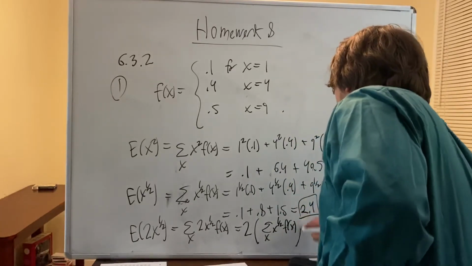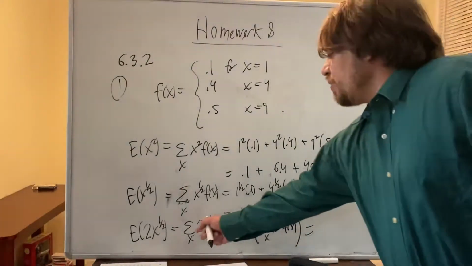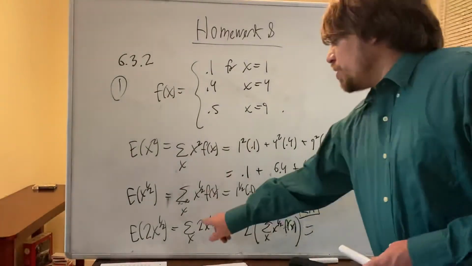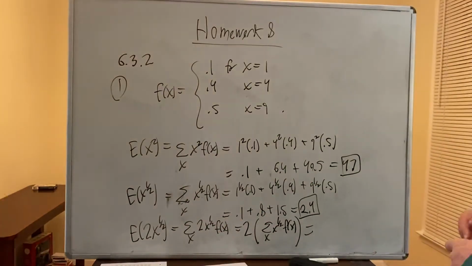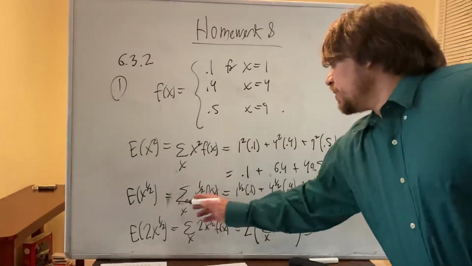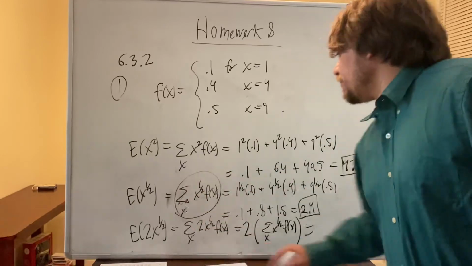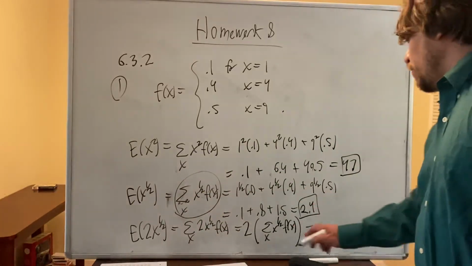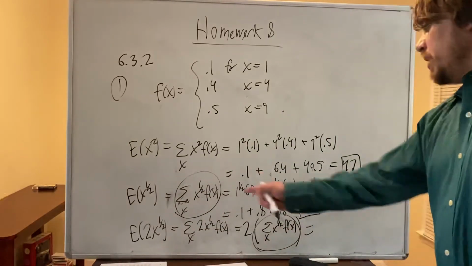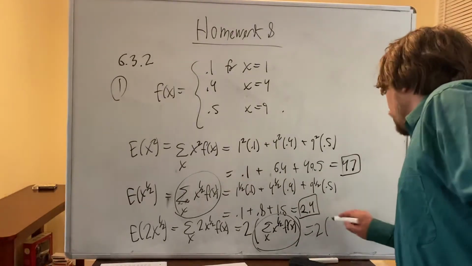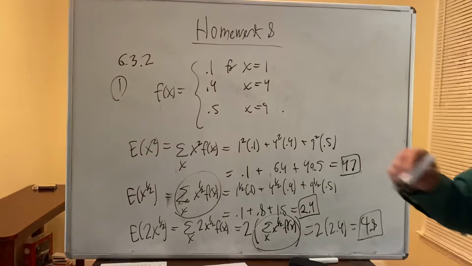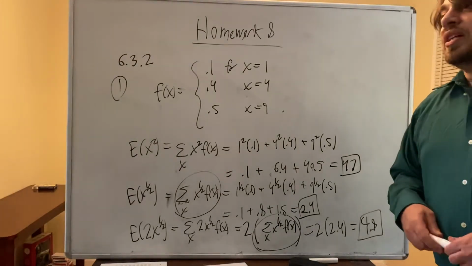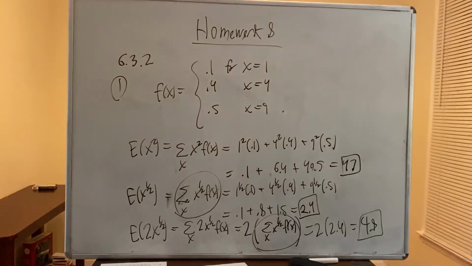You just move the 2 out of the sum. You're adding terms where each term is 2 times something, so you just take 2 times the sum of the rest. This sum, we already said, is 2.4. So it's 2 times 2.4, which is 4.8. And so E of 2 times X to the 1/2 is 4.8.